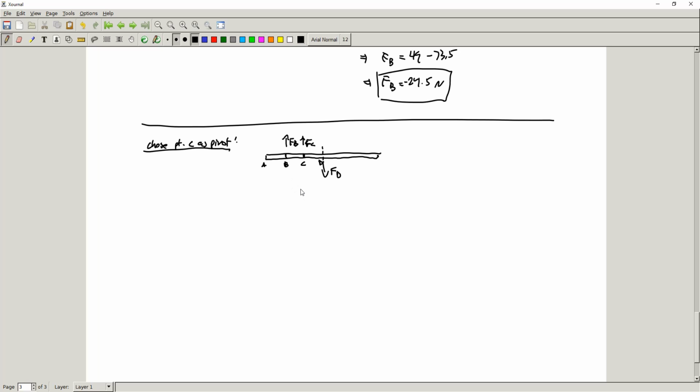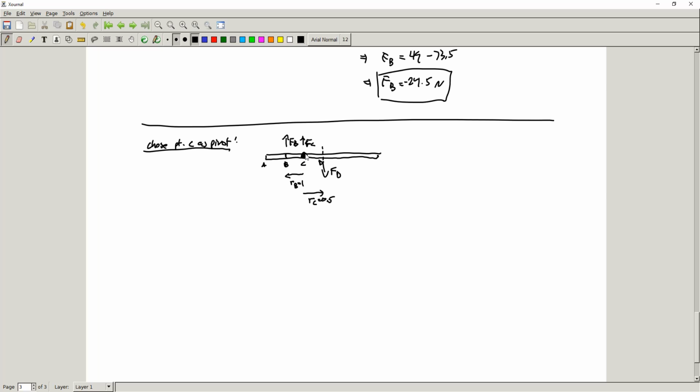And since we're choosing point C, this becomes our RB equal to 1 meter again, and our RC is equal to 0.5 now, right? If we just think about the distances from the original drawing, those are our distances. So now we've chosen point C as our pivot.